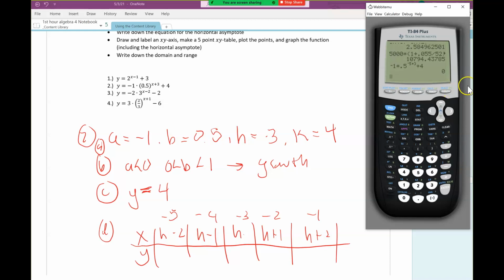And I'm just going to continue doing this, except I'm going to go back and change my negative 5 to a negative 4, and then change it to a negative 3, etc.